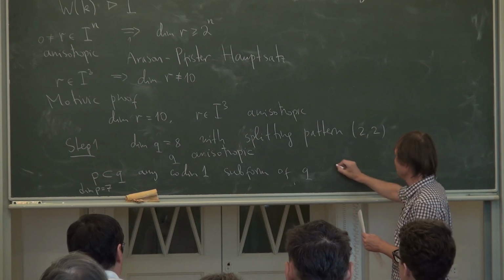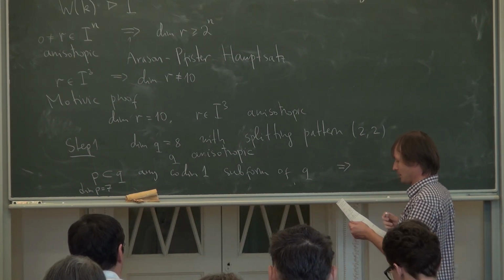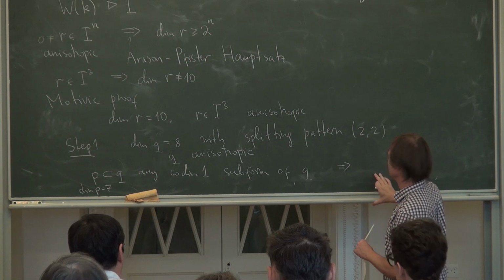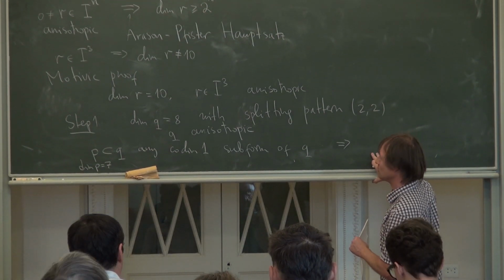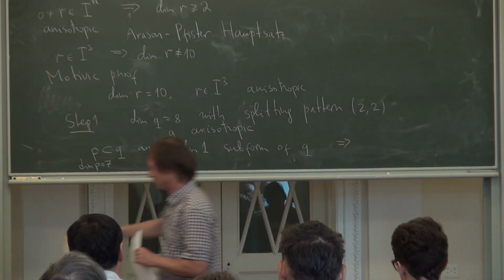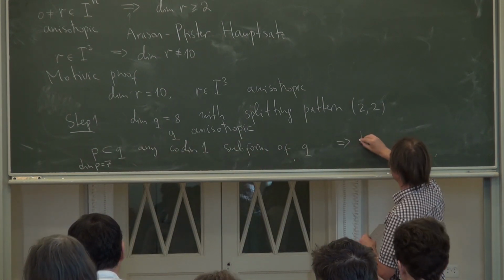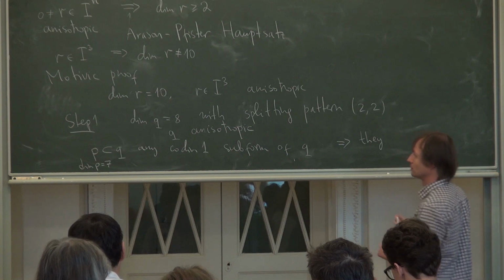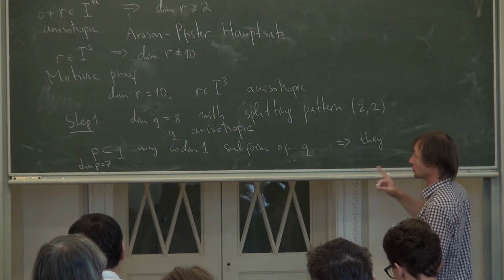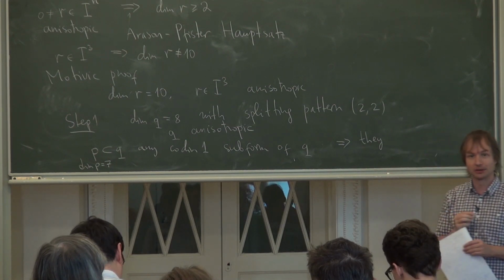Then it follows that the motives of P and Q have a common direct summand.